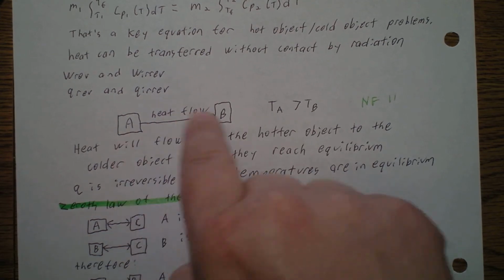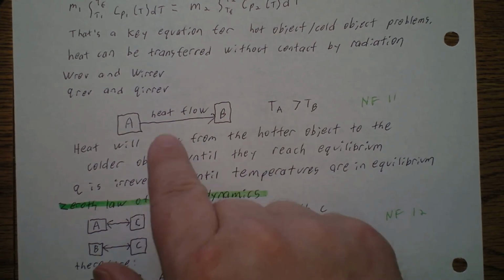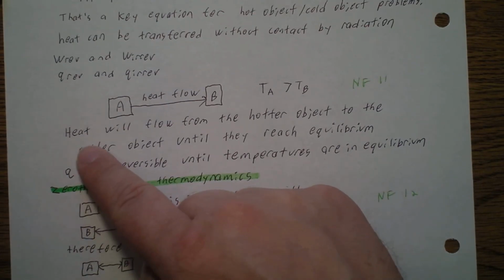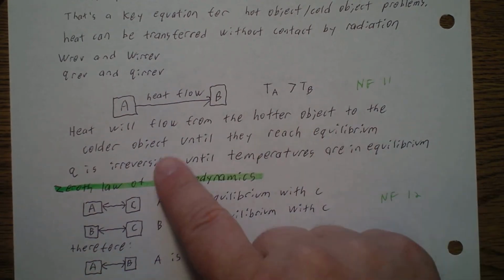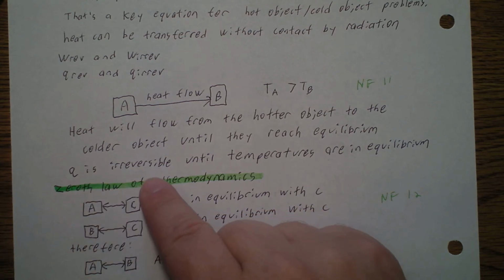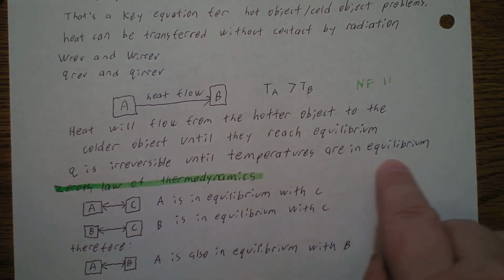So if the energy is flowing from here to there, in the form of heat or whatever, this temperature is higher than that. So you already know that the heat is going to flow from the hotter object to the colder object until they reach equilibrium, which means they're going to have the same temperature. Now Q is irreversible until temperatures are in equilibrium.